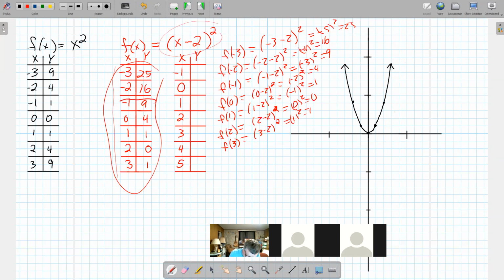Notice that these y values look like those. How did I get those? Well, starting at -1. Over here, -3 produced 9. Over here, -1 produced 9.